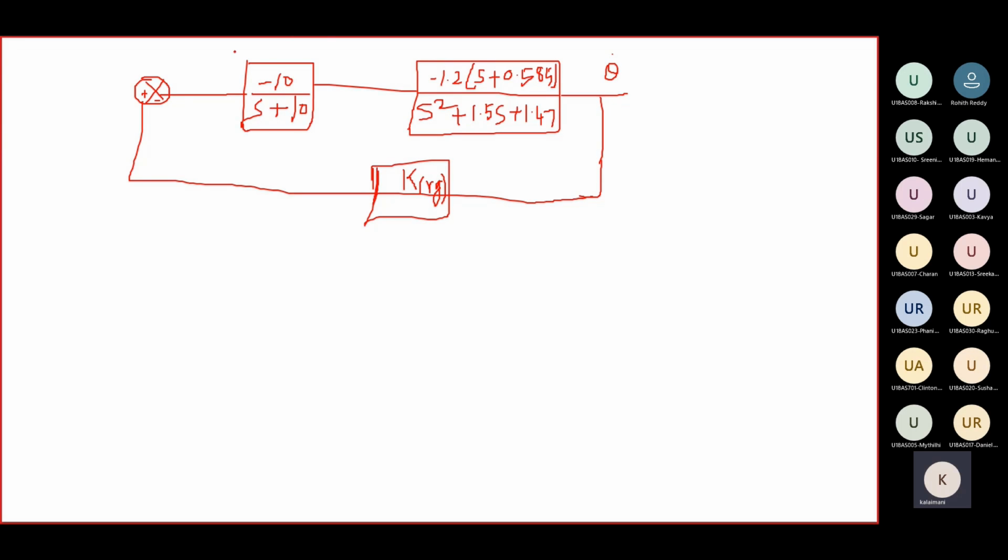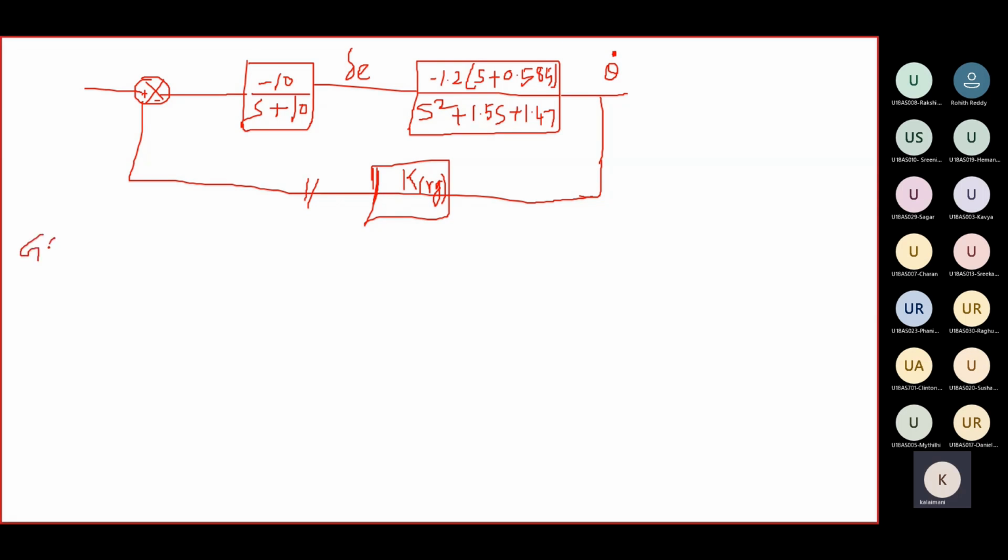We try to sketch the root locus for the inner loop. Here the input is the elevator deflection angle and the output is theta dot, the pitch rate. If we cut here, it becomes the open loop transfer function.